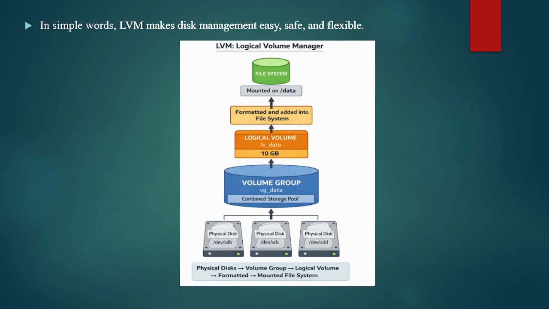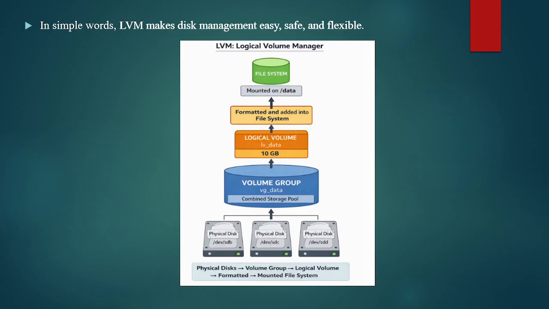How it works behind the scenes, you can see: first physical hard disk, then volume group, then logical volume, and that logical volume is formatted with an ext4 or xfs file system, then that formatted file system is mounted on a directory. So here you can see that LVM diagram.